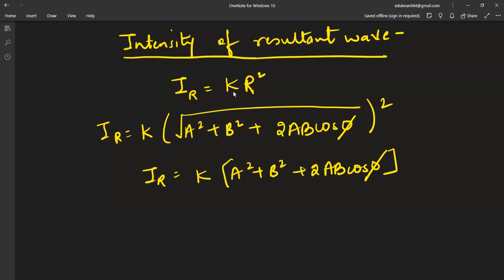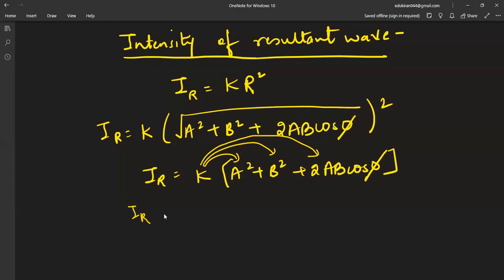So I resultant will be Kr square. Resultant square, I have put the formula of resultant. This was only the equation of resultant, under root a square plus b square plus 2ab cos theta. Its whole square is equal to a square plus b square plus 2ab cos theta. Let's multiply k with every term.